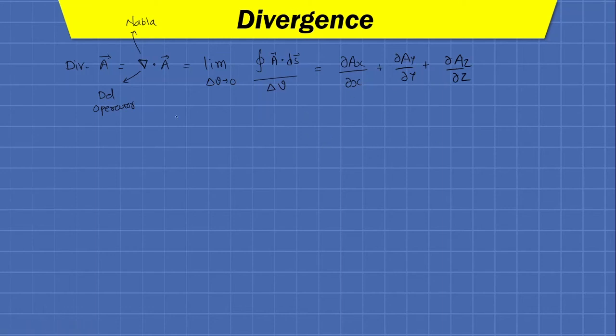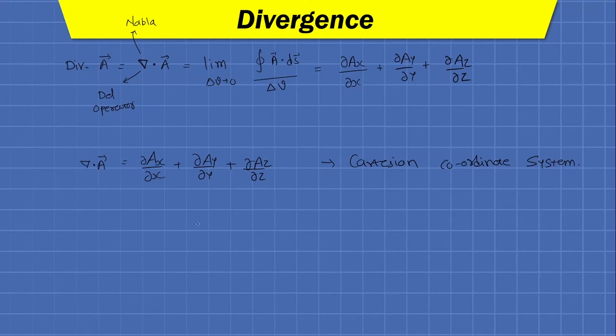Now this is the formula of divergence in the Cartesian coordinate system.